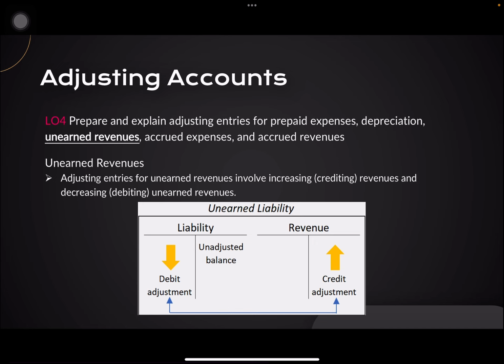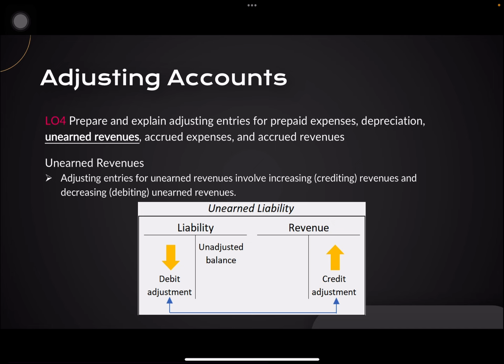So you have here unearned revenues, saying that adjusting entries for unearned revenue involve increasing your revenues as a result of the service that you provided to your customer, and decreasing your liability that arose from your unearned revenues.